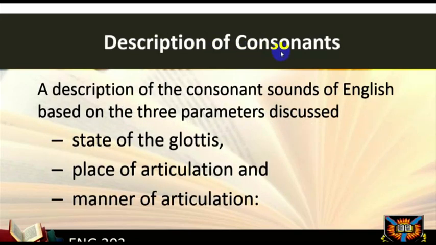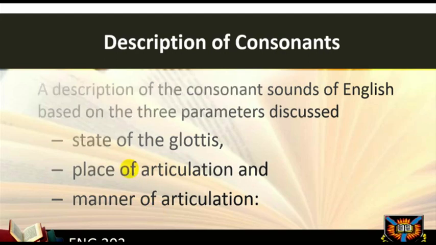Descriptions of consonants. Now let us go through a description of the consonant sounds of English based on the 3 parameters we discussed: state of the glottis, place of articulation, and manner of articulation.